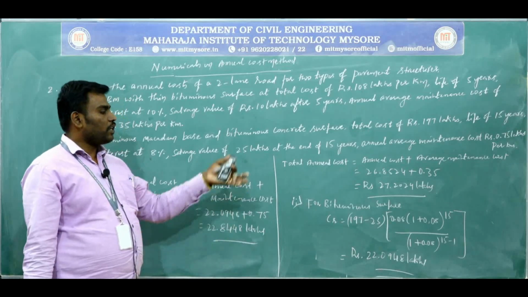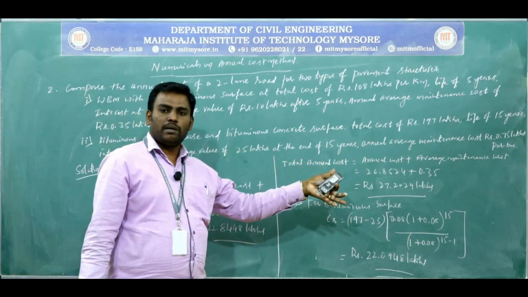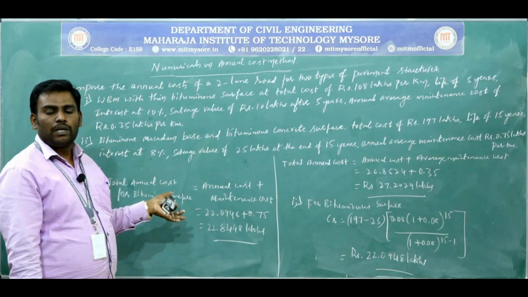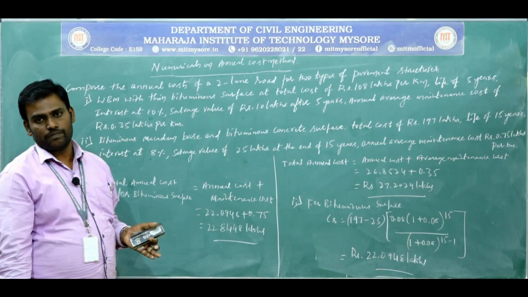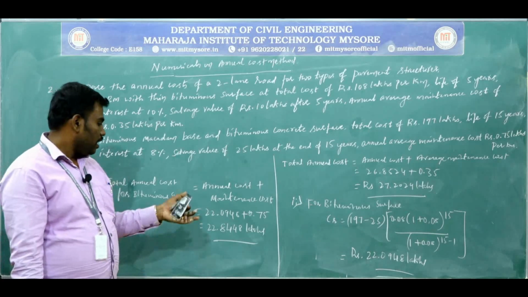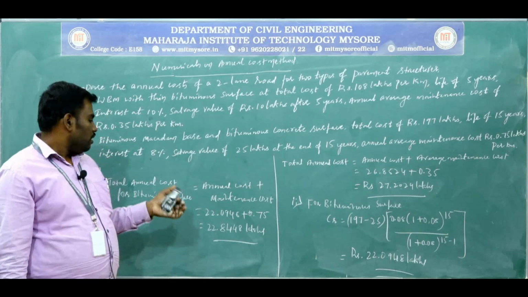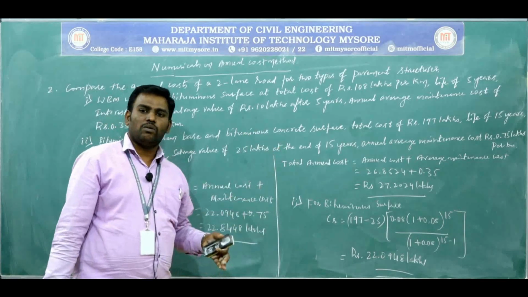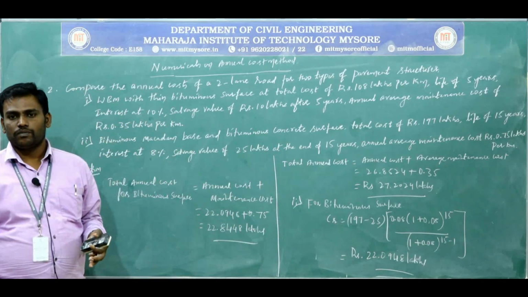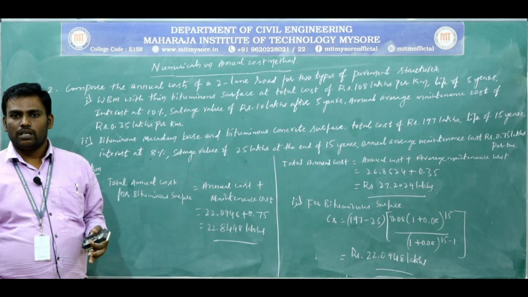This means that compared to your WBM with thin bituminous surface, your bituminous concrete surface has less annual cost. Then your bituminous surface is more beneficial than your WBM road. Is it clear?